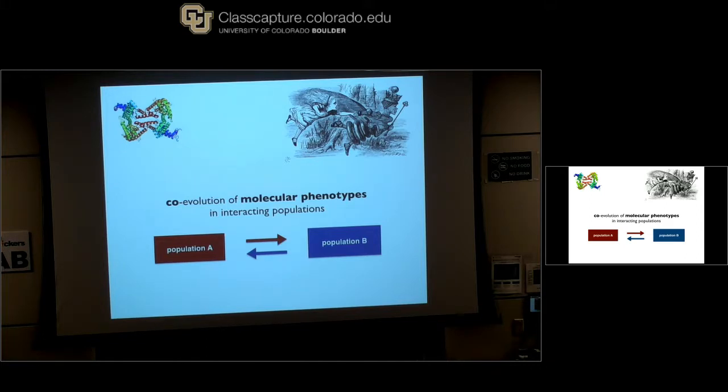And in this sense, basically what happens is that population A acts like an environment for population B, so it drives the evolution of population B, but then once population B changes, it changes the environment of population A, so you're sort of stuck in this Alice and Red Queen circle, and so they constantly run after each other. They may sort of have a constant distance between each other, but they keep evolving.